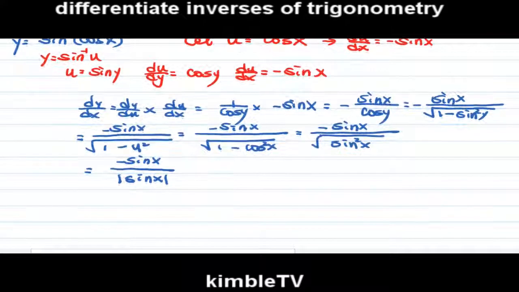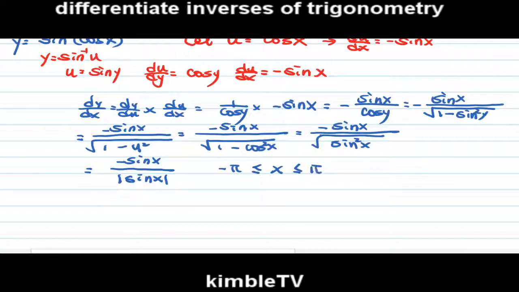The domain is given like this: x is between minus pi and pi.